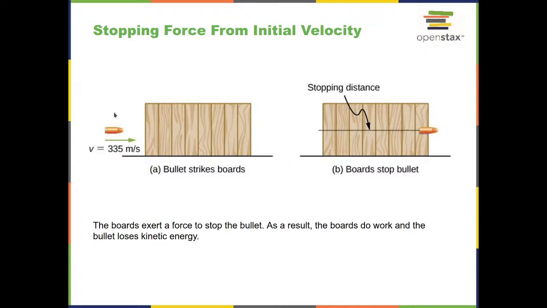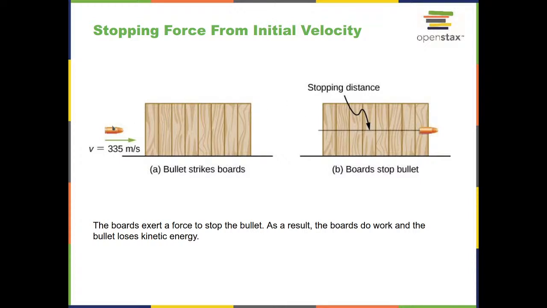If we know the initial velocity, we can calculate the initial kinetic energy. The final kinetic energy is 0. So the change in kinetic energy is going to be the total initial kinetic energy. And that has to be equal to the force times the distance, which is the work done on this bullet to stop the bullet. So again, we can use that to calculate the magnitude of the force that is stopping the bullet.